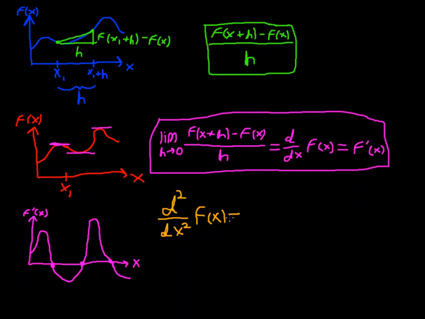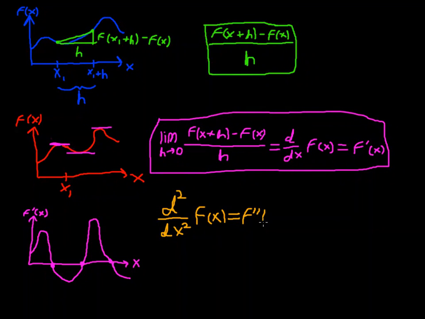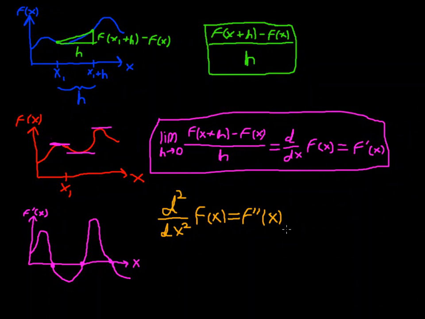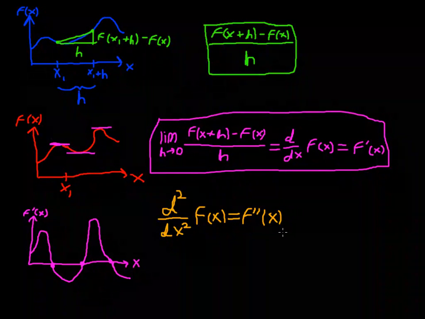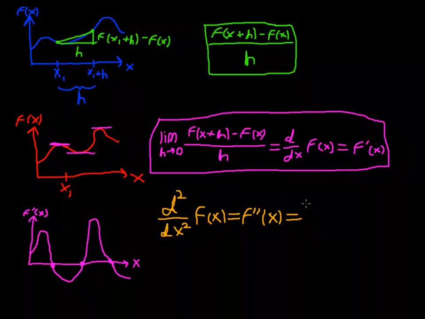We can denote this as f double prime of x, or f prime prime of x. And of course, you can generalize this whole thing to the third derivative, the fourth derivative. Usually, especially in quantum mechanics right now, we're going to be dealing mostly with first and second derivatives, not third. But you can see how this would generalize. It would be f prime prime prime.